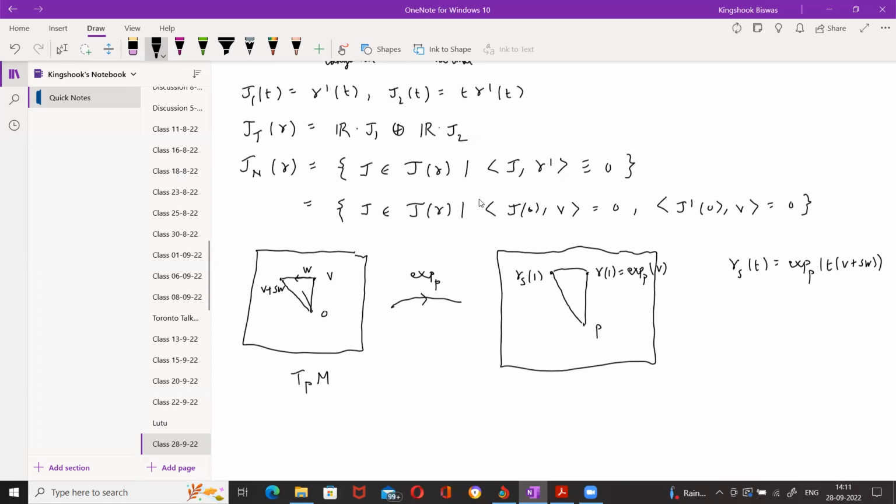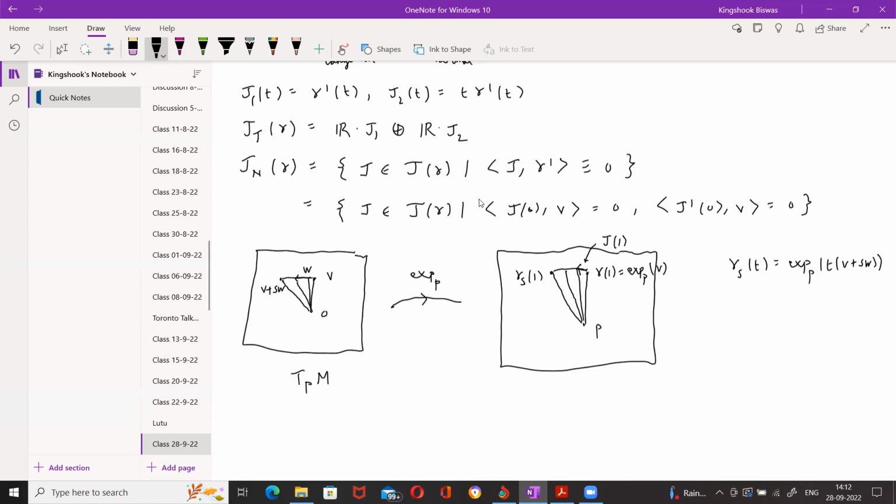From that, it's easy to see, basically by the chain rule, that the tangent vector obtained when you differentiate with respect to s is the value of a Jacobi field J at time 1. So this tangent vector here is J(1).